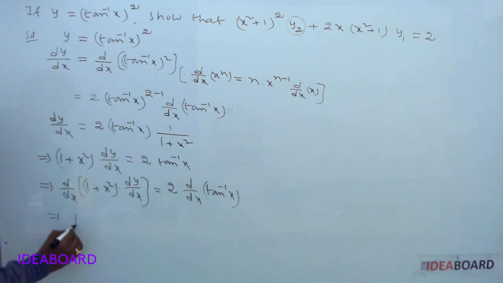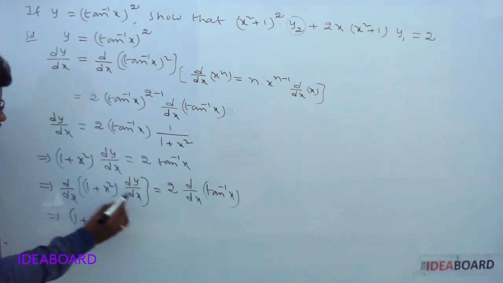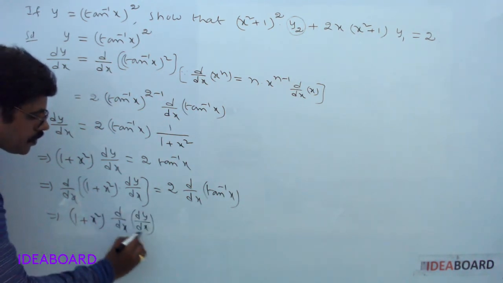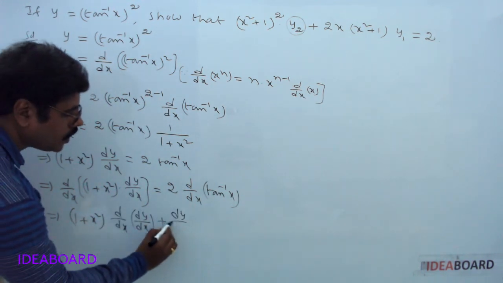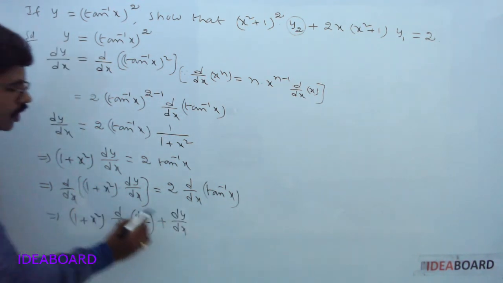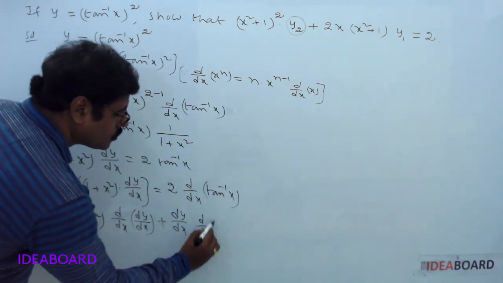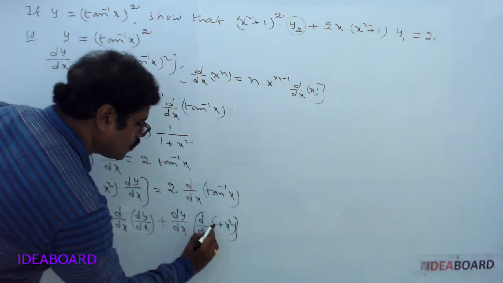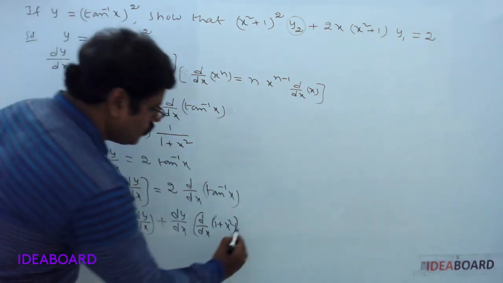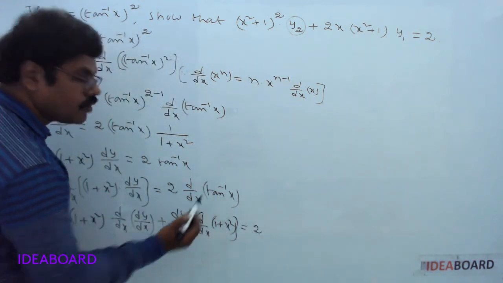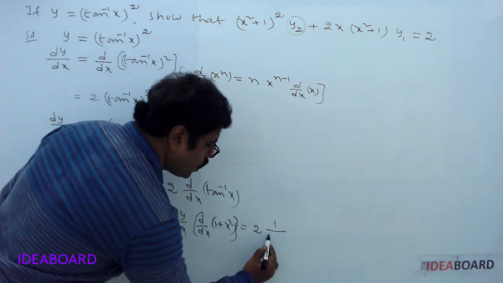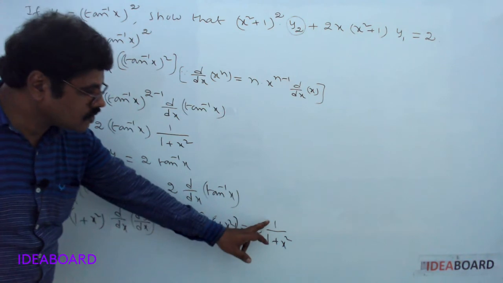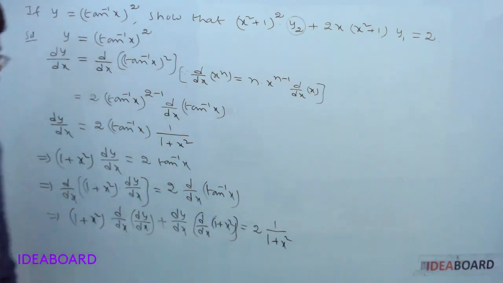So apply that result: (1 plus x square) into derivative of dy by dx plus dy by dx into derivative of (1 plus x square) equals 2 into derivative of tan inverse x, that should be 1 by 1 plus x square. Derivative of tan inverse x is 1 divided by 1 plus x square.